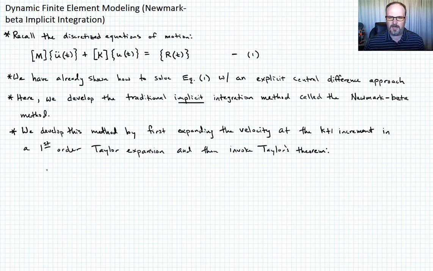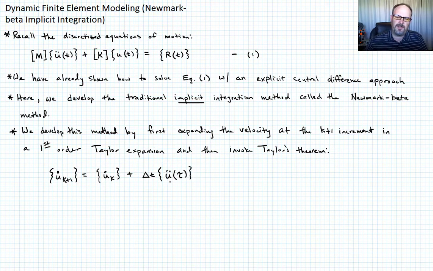So what does this look like? We have u dot, the velocity, at the k plus 1 increment. What's the Taylor expansion of this? It's u dot at the k increment plus, since this is first order, delta t times u double dot evaluated at tau. Now you might be thinking, shouldn't this be u double dot evaluated at k?